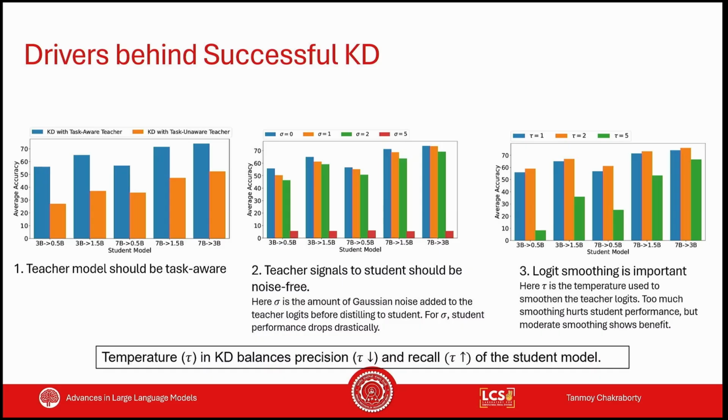If you decrease the temperature, it will start peaking, it will start identifying the spikes, meaning that highly probable outputs will be returned, and whatever you return will be correct, meaning the precision will increase. And if you make the curve smoother, you will return many things, which will improve the recall.